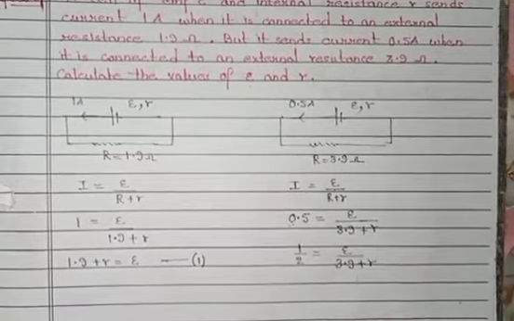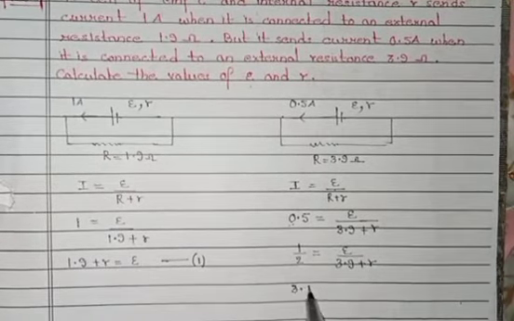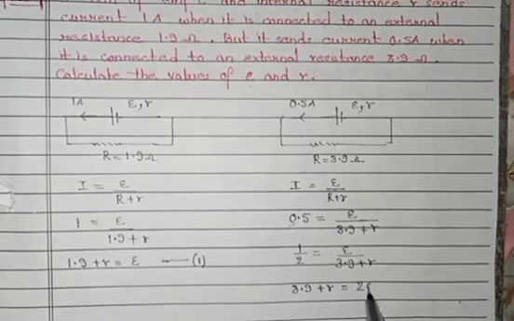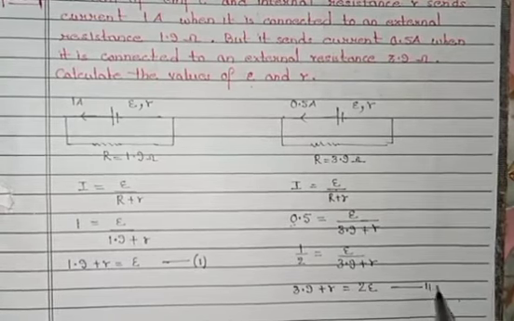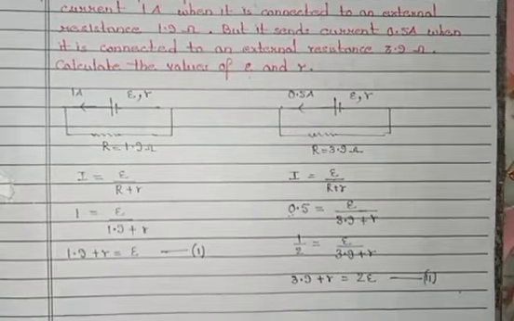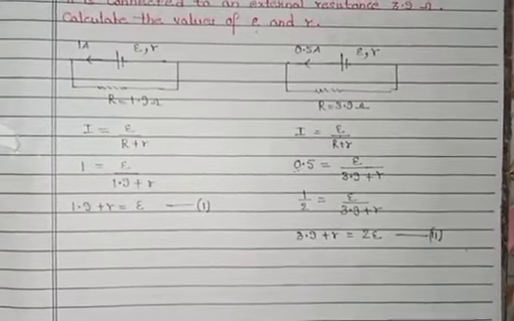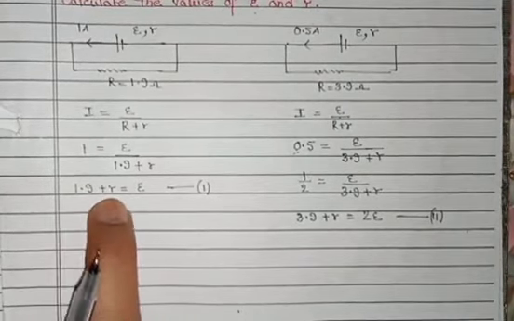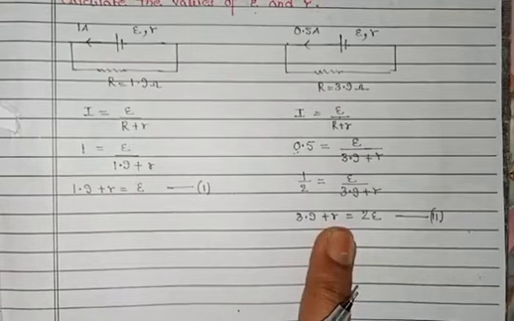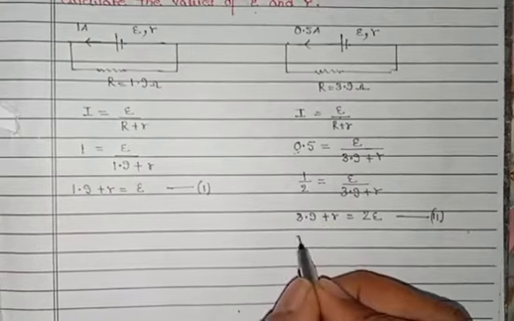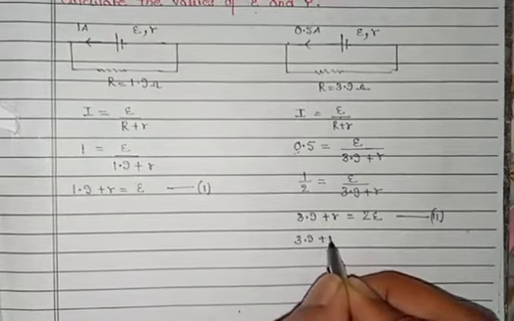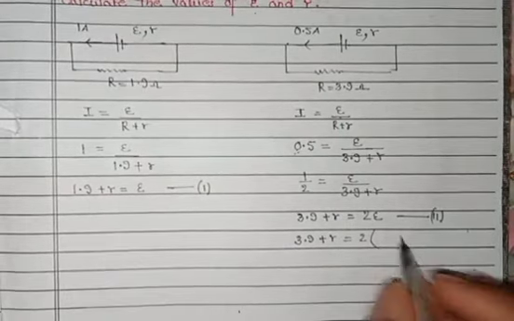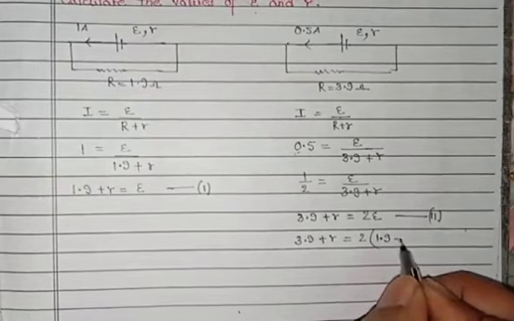Now when you cross multiply, you are getting 3.9 plus r is equal to, now this is the second equation you are getting. Now what we can do, we can solve these two equations to get the values. Now here EMF is 1.9 plus r, so you can substitute here in place of EMF twice, and in place of EMF you can substitute 1.9 plus r.